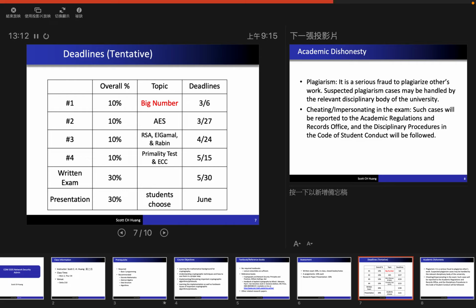So if you guys are not really familiar with handling these big numbers, you can do an assignment 1 separately. And then when you guys do assignment 3 and 4, you can use other programming languages or any software packages that support big numbers. So that you won't get into any problems with these big numbers. You don't have to use the code you write in your assignment 1.